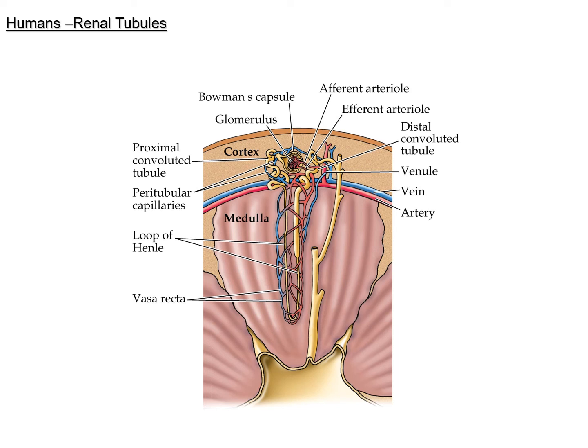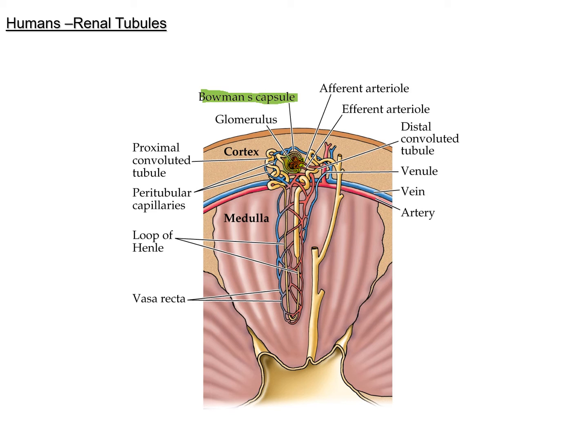But there's the nephron. The nephron is made up of this glomerulus here. So here, okay, that's the glomerulus inside the glomerular capsule, also called the Bowman's capsule.